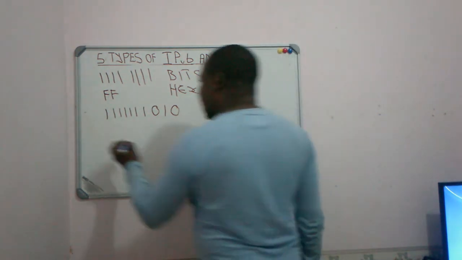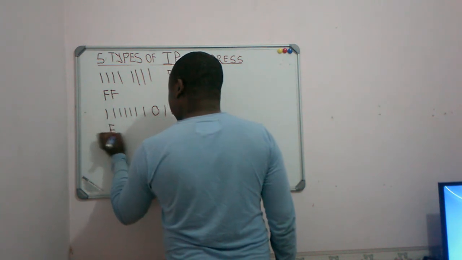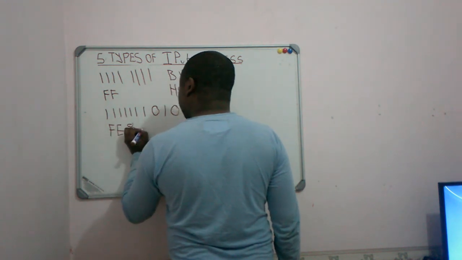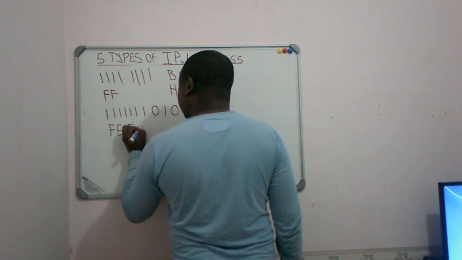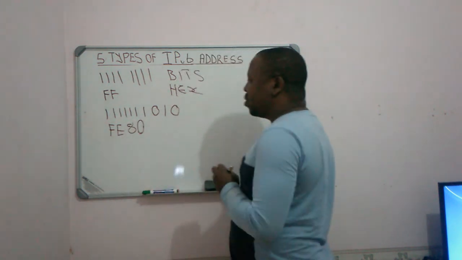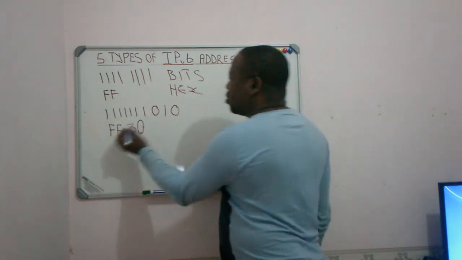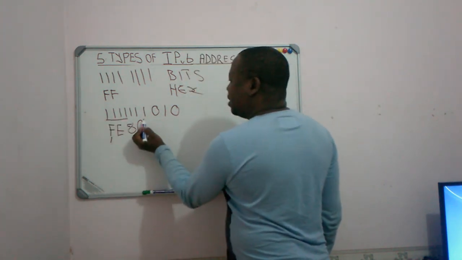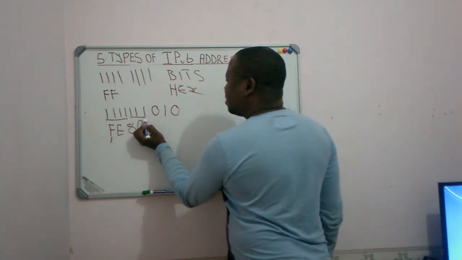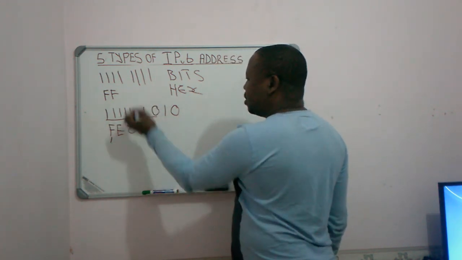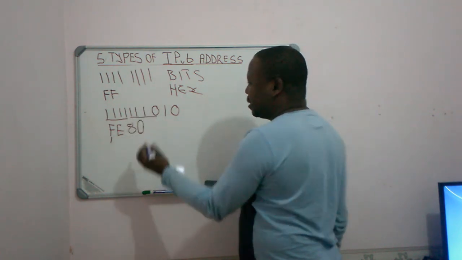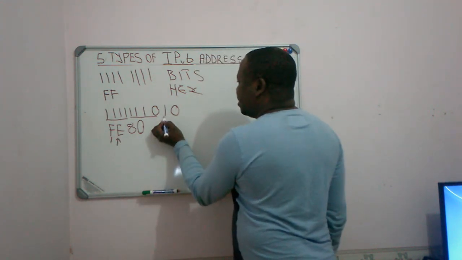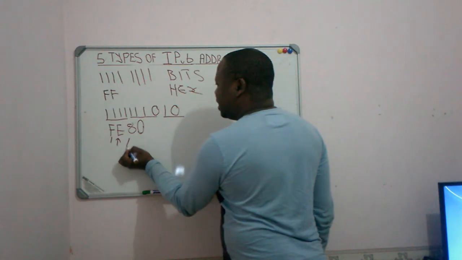In hexadecimal, we have F, E, 8, something. Normally, this first group of 4 gives us an F, and this next group gives us an E. Then this group gives us an 8.